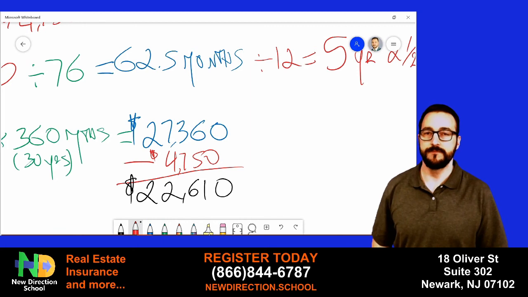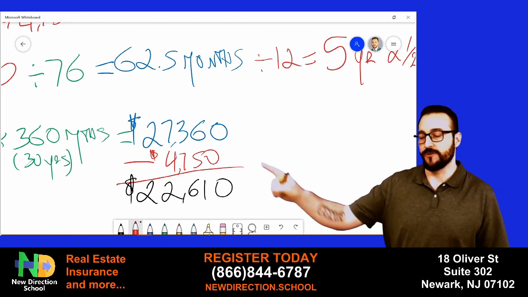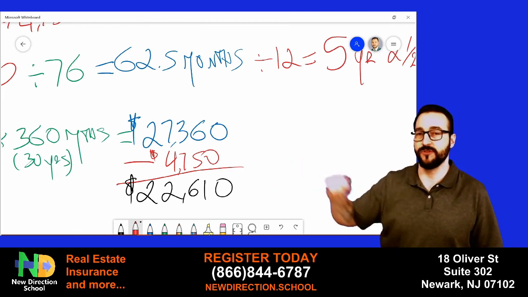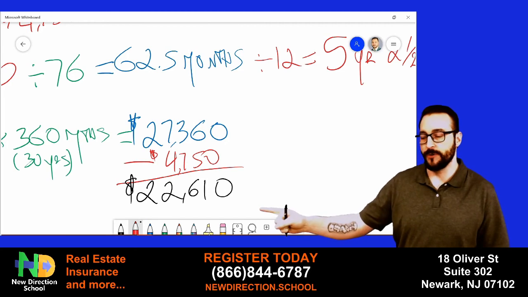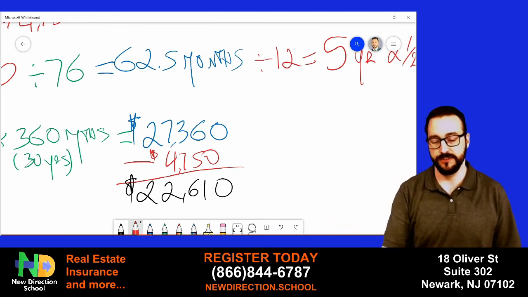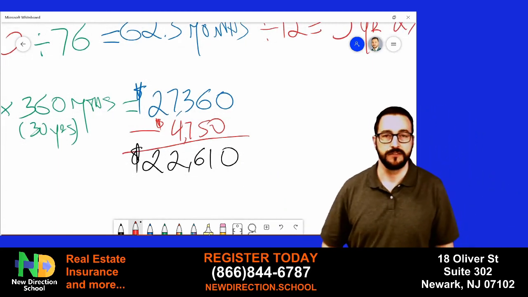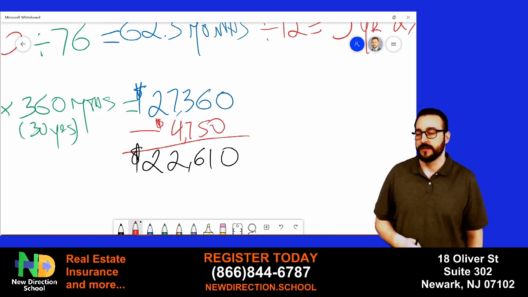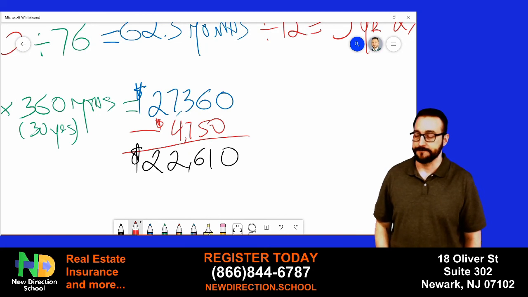But don't forget, for us to get the savings, we had to put in $4,750. So did we save the full 27? No. What we saved was the difference. This was the real savings, $22,610. That will be the answer if they ask you what the savings were, okay?